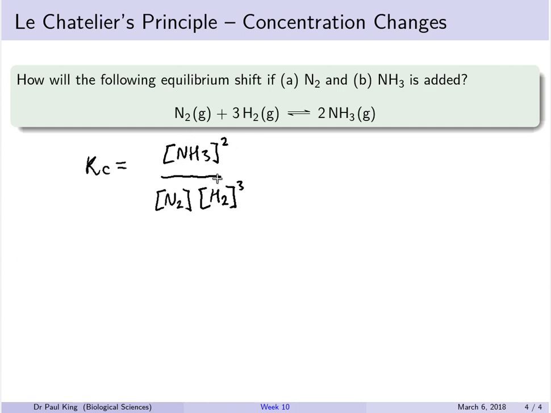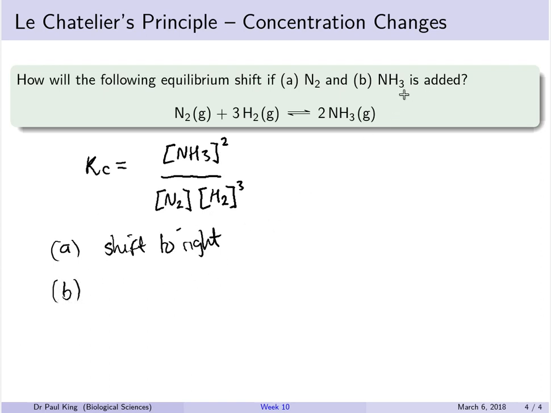And if it drops, that means that the equilibrium has to shift to the right, in order to produce more product, decrease the concentration of N2 and re-establish this ratio of concentration so that it has its Kc value.